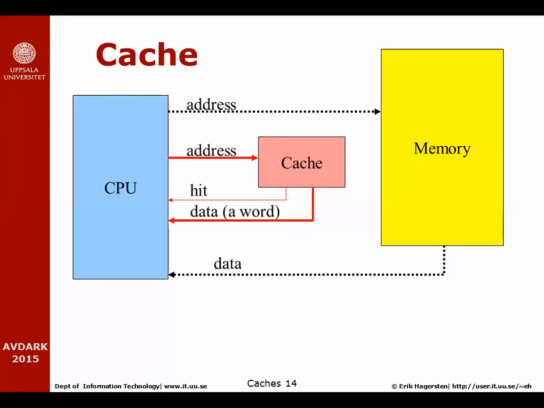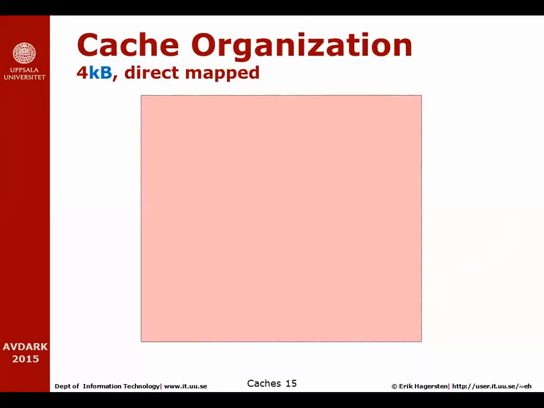So we're going to design this pink box here in a simple way and gradually make the implementation more and more efficient. In this course, you're going to see lots of letters and symbols, so let's straighten out what I mean with all these symbols. Typically when I write K, it could be a small k or a large K, I mean 2 to the power of 10, so it's a kilo.